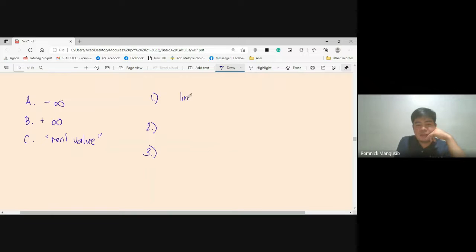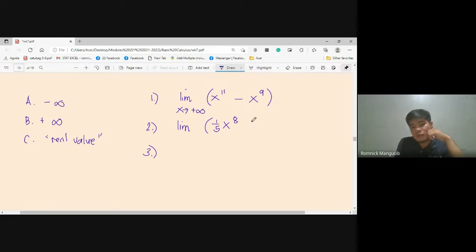Number 1, what is the limit of x raised to 11 minus x raised to 9 as x keeps on increasing? Number 2, what is the limit of 1/5 x raised to 8 plus 1/7 x raised to 6 as x keeps on decreasing?